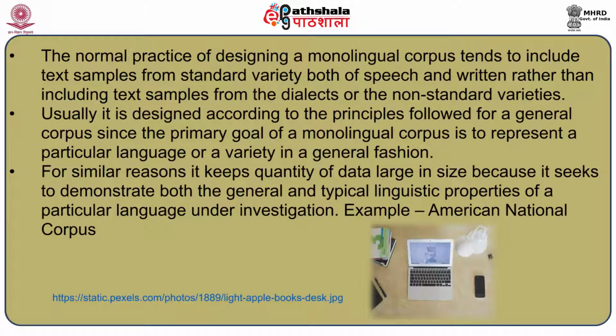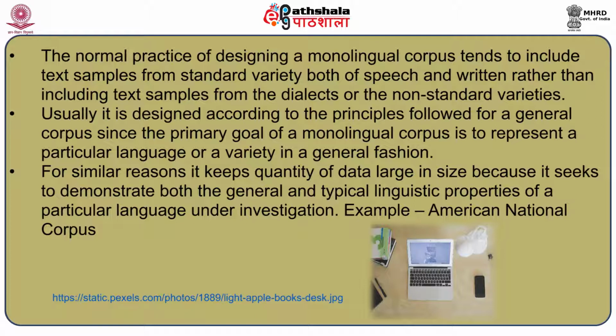For similar reasons, it keeps the quantity of data large in size, because it seeks to demonstrate both the general and typical linguistic properties of a particular language under investigation. The best example here is the American National Corpus, which is a very nice example of a monolingual corpus.